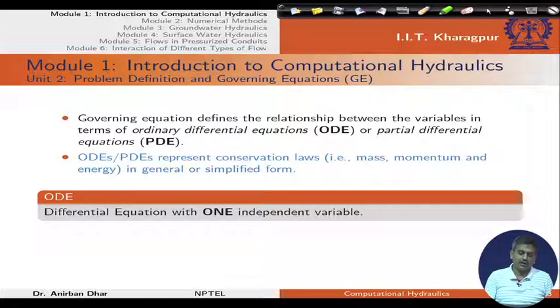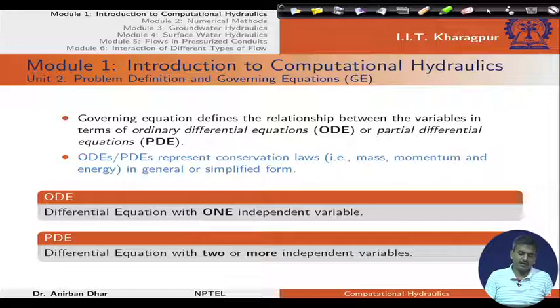An ODE is an equation with one independent variable, and a PDE is an equation with 2 or more independent variables.